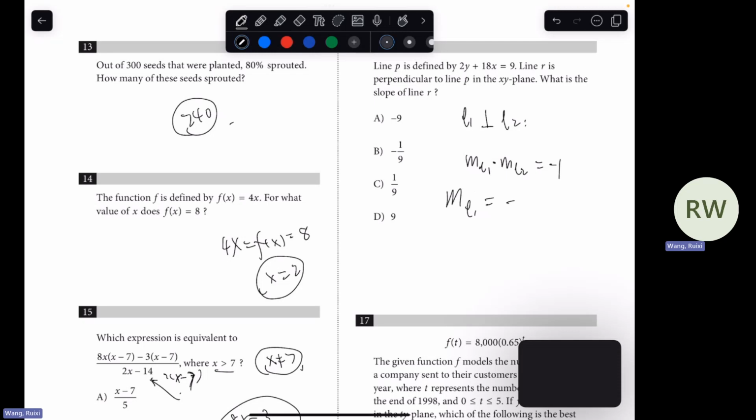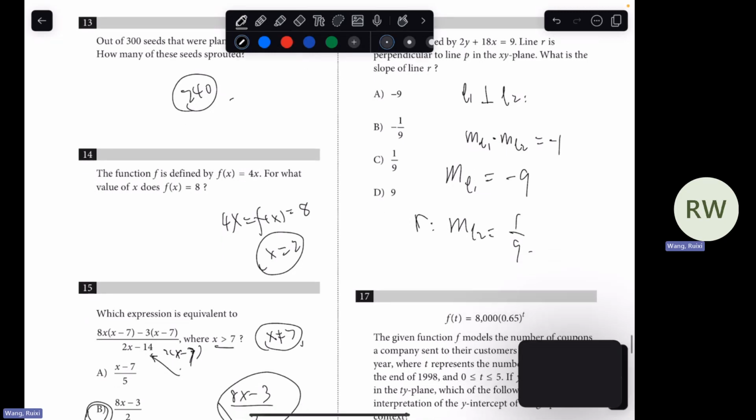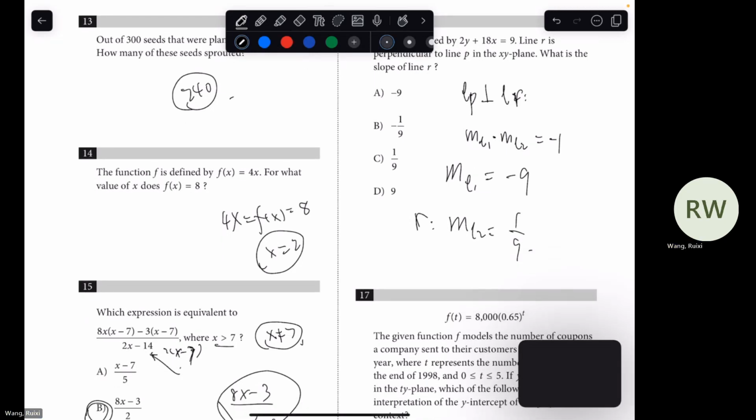Slope of L1 is -9, which means that the slope of L2 equals positive 1/9. Okay, so this is our line R. Right, change it to P and R.